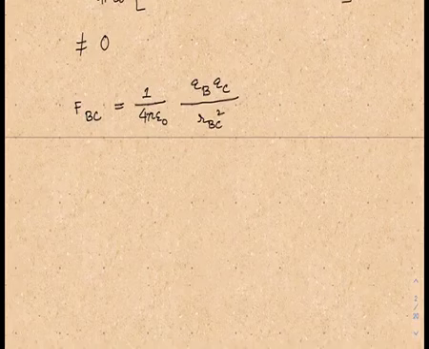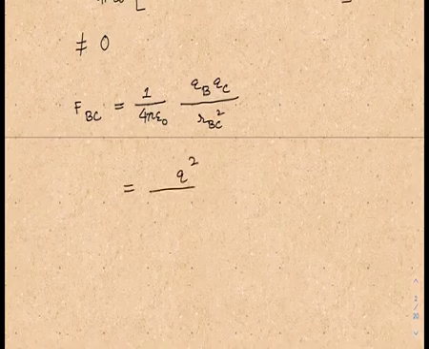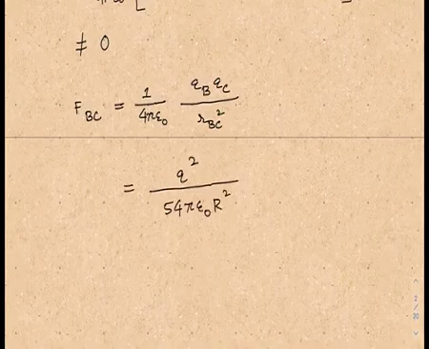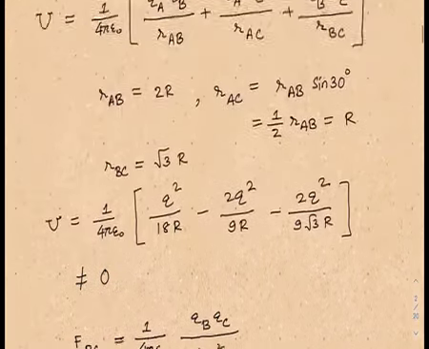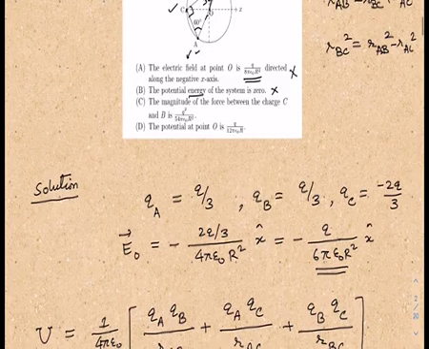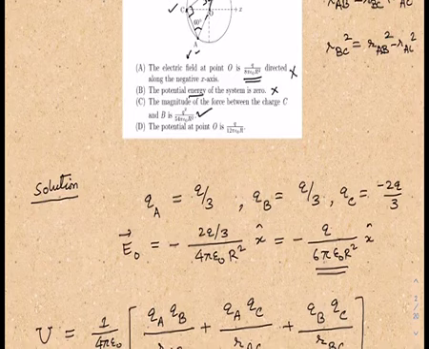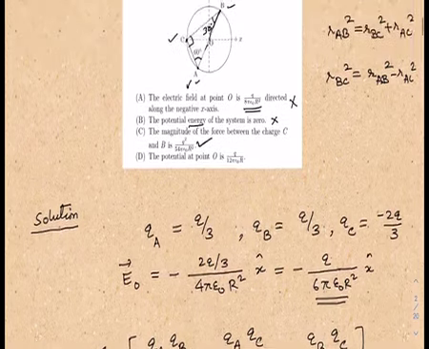If you put down all these values, you should get Q square divided by 54 pi epsilon 0 R square. Alright, so let us see. Yes, this force is Q square over that, so this one is correct. Option C is correct.